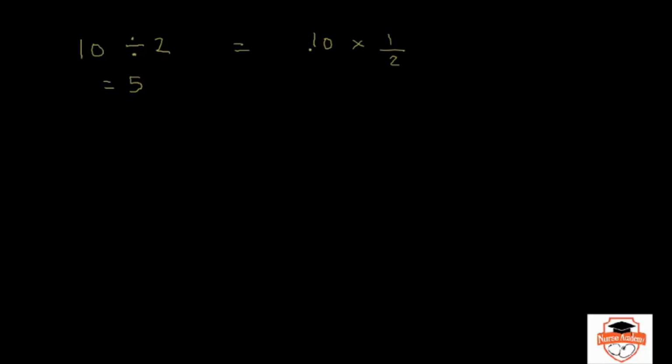You need to rewrite this 10 as a fraction. So 10 becomes 10 over 1. And then divide 10 with 2 and 2 with 2. Cross reduce. Simplify. So you have a 5 over 1 times 1 over 1, which is also equal to 5. So that works. Division with 2 is the same as multiplication with 1/2.